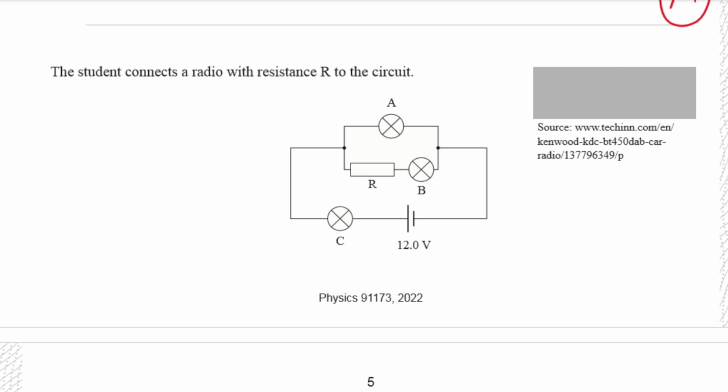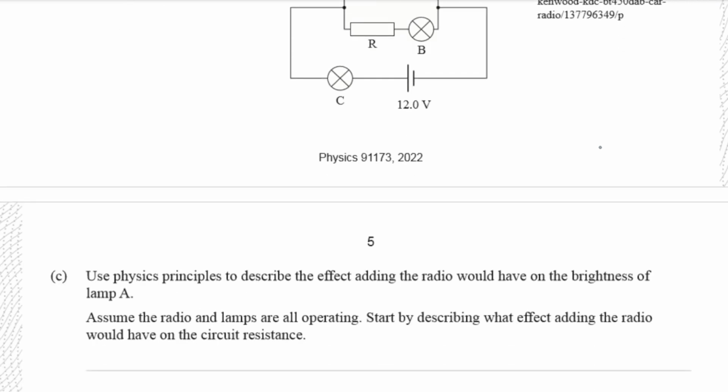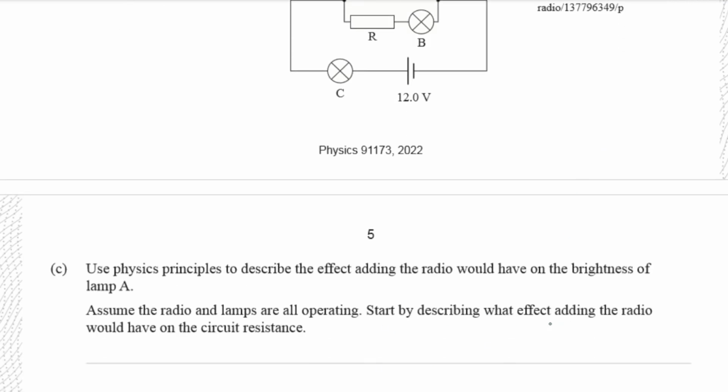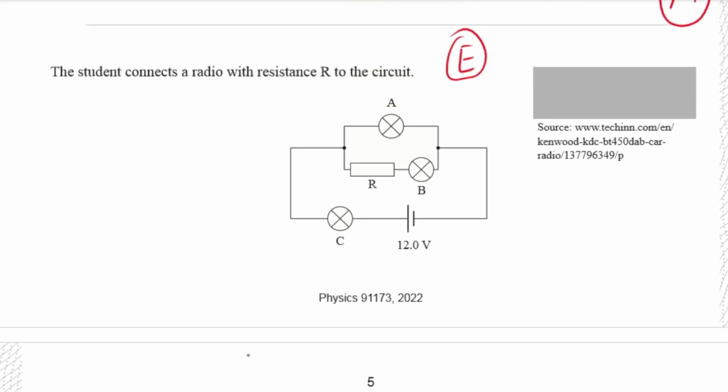So just right off the bat, this is an excellence question. There are quite a few parts to it. There's current and voltage and how they're related through the resistance. So let's take it step by step. Let's go with what they suggest, to describe the effect on the circuit resistance. If we add this resistor, we are increasing this branch's resistance.